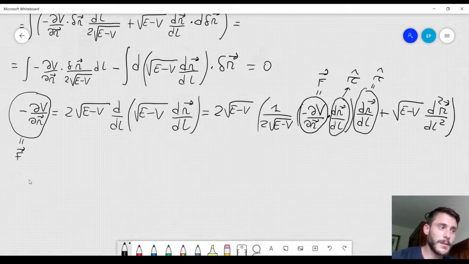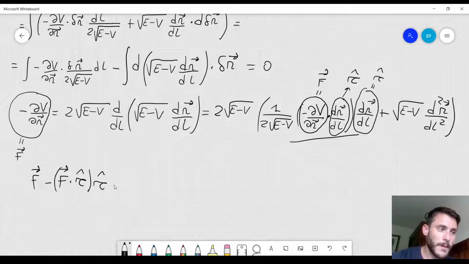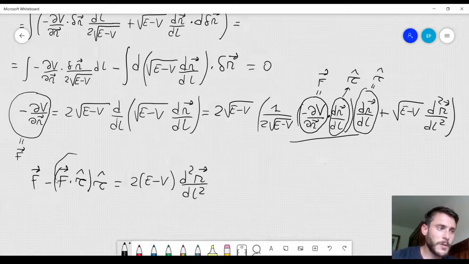So here we get, if we take this term over to the left hand side, F minus F dot tau equal to 2 times E minus V d squared r over dl squared, and this term here is just the component of the force along the tangential direction.